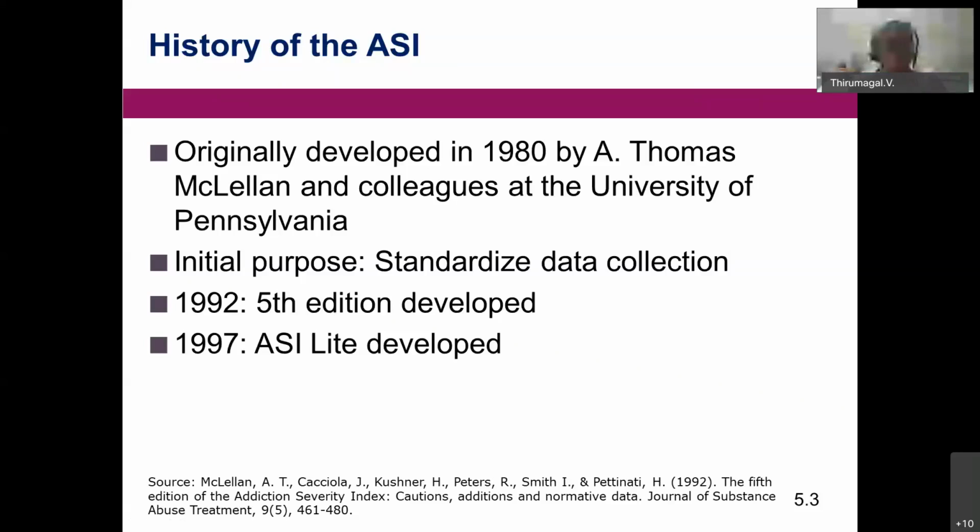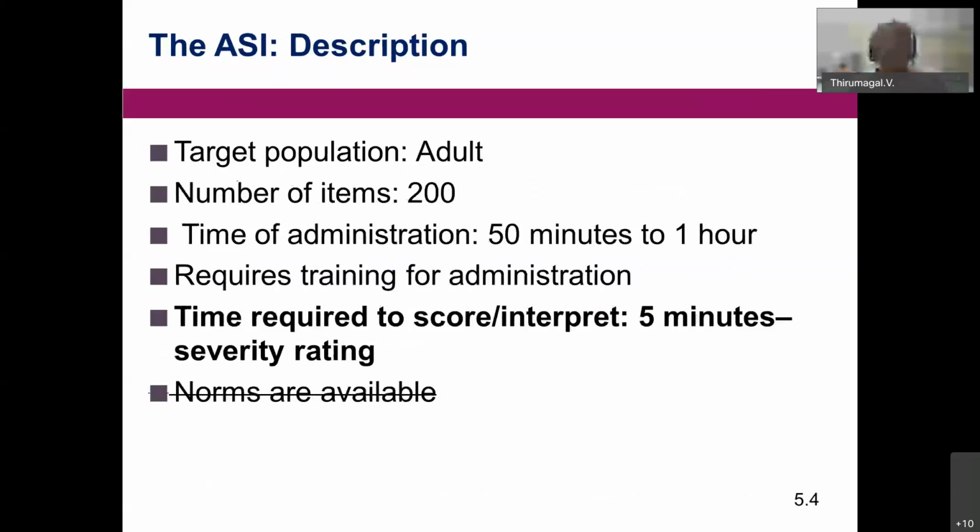But for our training, we are using the 5th edition only. Any questions so far? Can I have a thumbs up or thumbs down sign, please, before I proceed? Thank you.